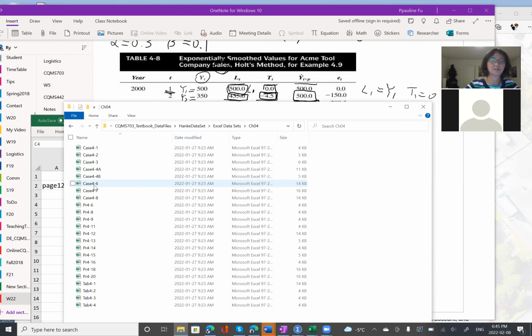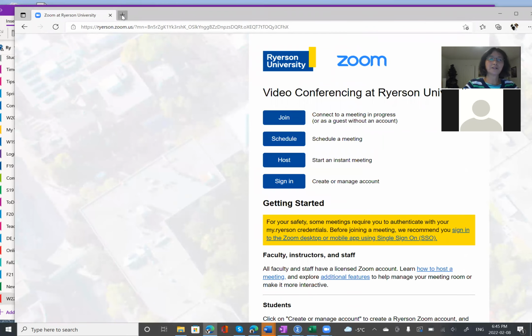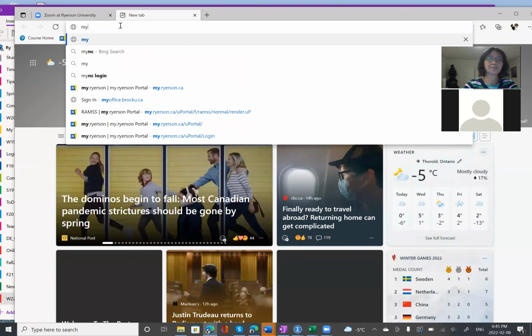This is chapter 4, table 4.8. It looks like I don't have this data here, but I believe I posted it on D2L, so I will tell you where to get this data.